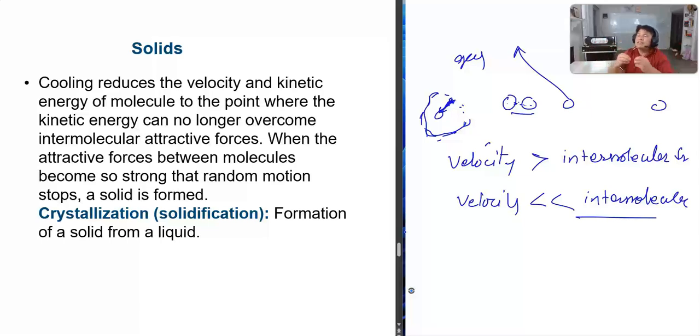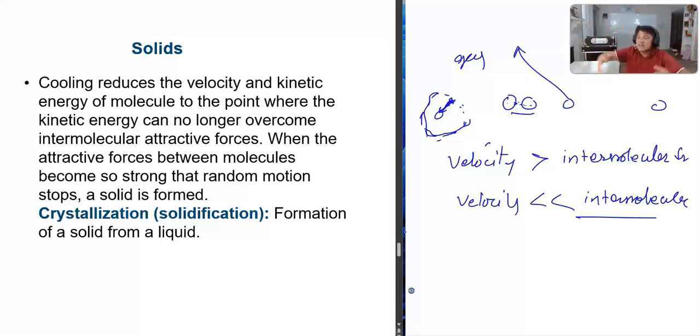So in the gases, the velocity of the molecules is enormously large, so the force between the gas particles is negligible. The molecules go so far apart from each other, and that high velocity creates kinetic energy.